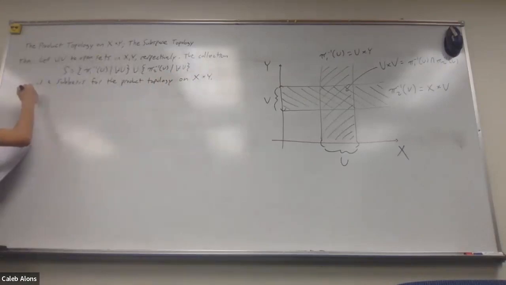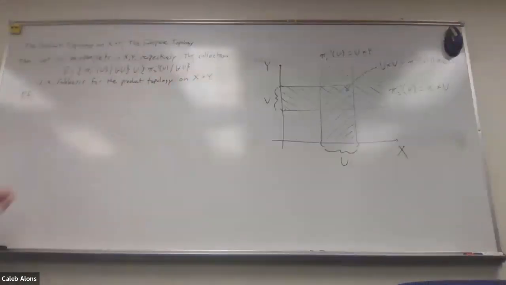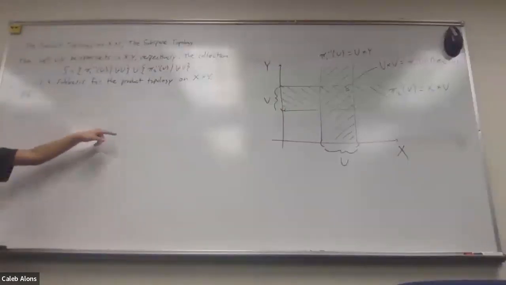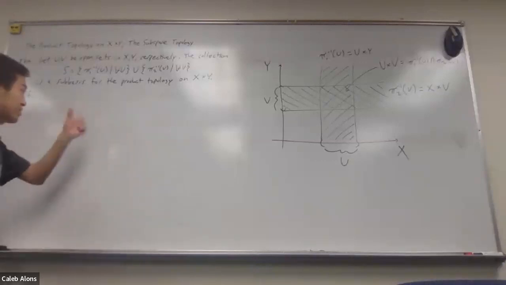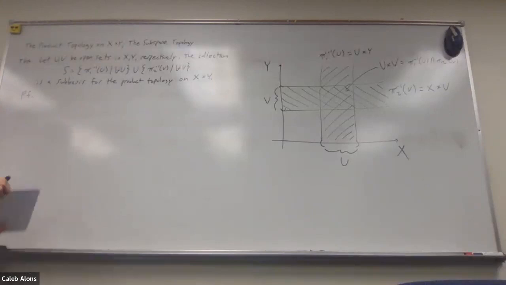So we're going to first show that one topology is finer than the other one, and then the second topology is finer than the first. If they're both finer than each other, they have to be the same.